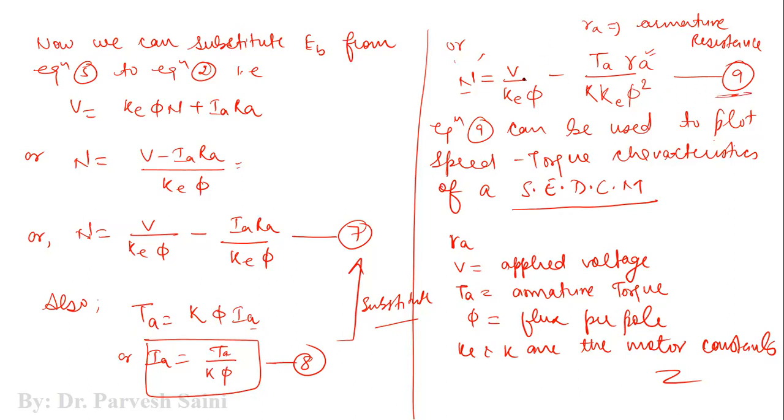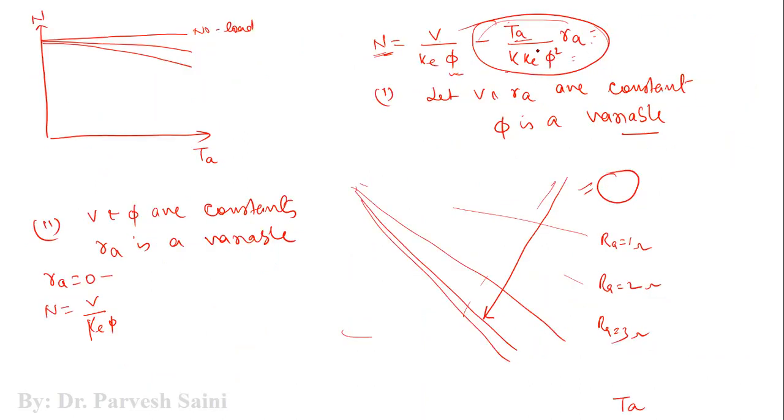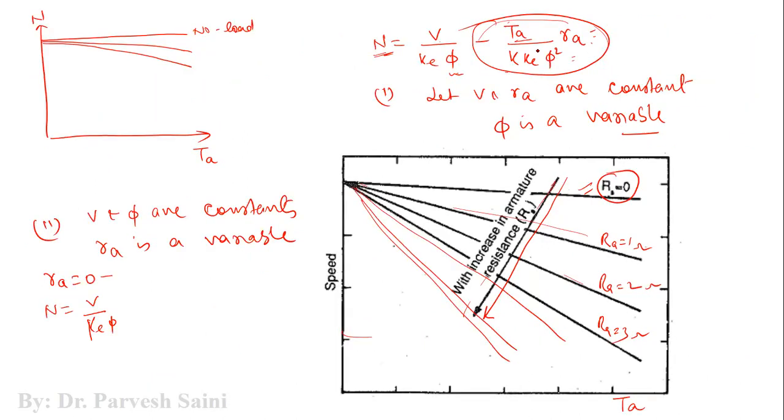Here we can see the speed torque characteristics for three different parameters: the applied voltage V, the armature resistance Ra, and the flux phi. By keeping two constant at one time and one variable, in the first case we kept V and Ra constant but flux as variable. In the second case we kept V and phi constant but Ra as variable.